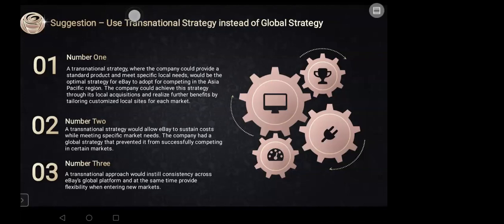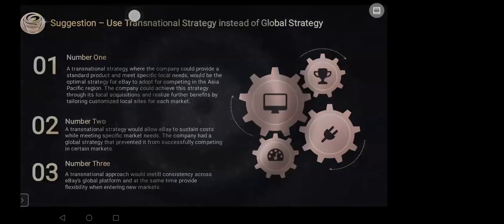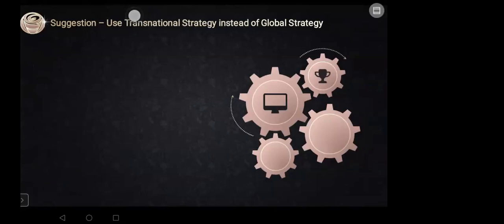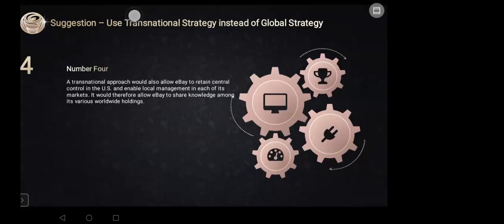Number three, it could instill consistency across the eBay global platform, not like what I mentioned before, where the HQ is in the US, and whenever a Chinese user logs in, the data is transferred to the US, causing such technological issues. Then there are a few more reasons which Shafiq included in his slide.